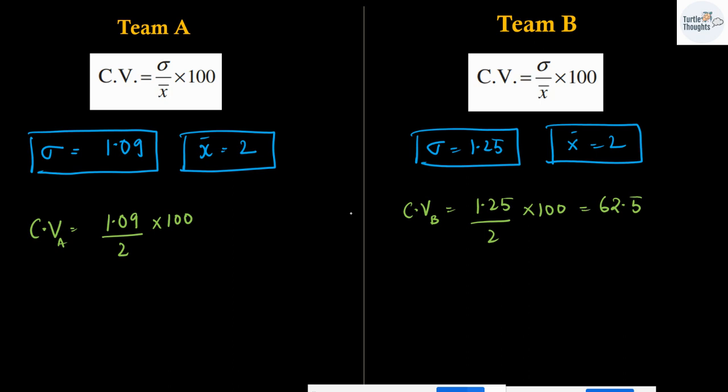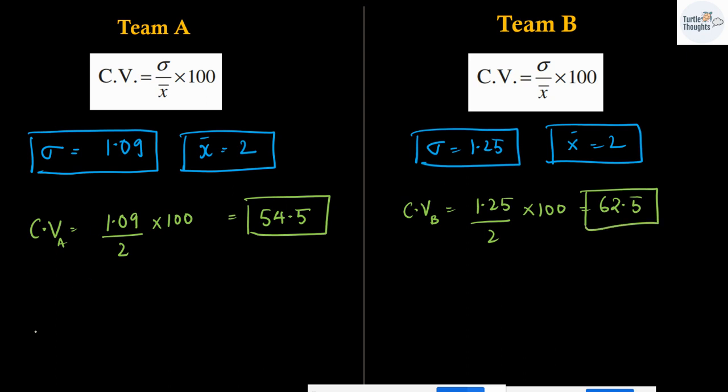This will be the value of CV for team B. For team A it is going to be 0.545 multiplied by 100, which is 54.5. So 54.5 is the CV for team A.